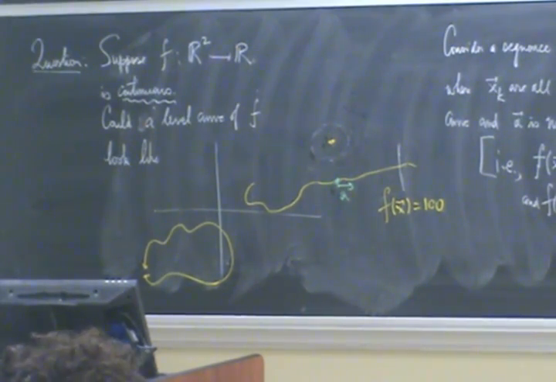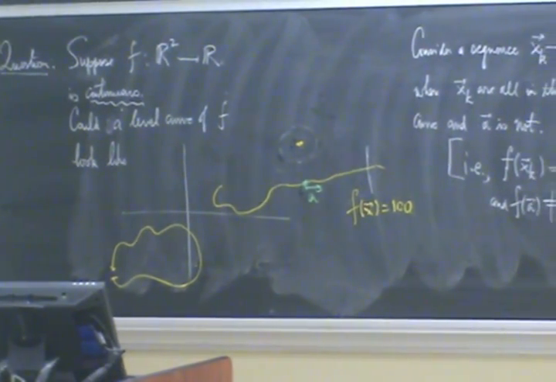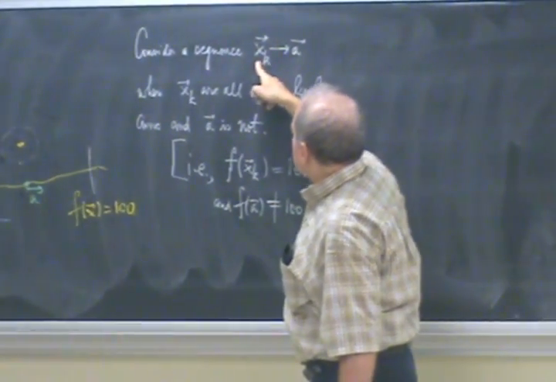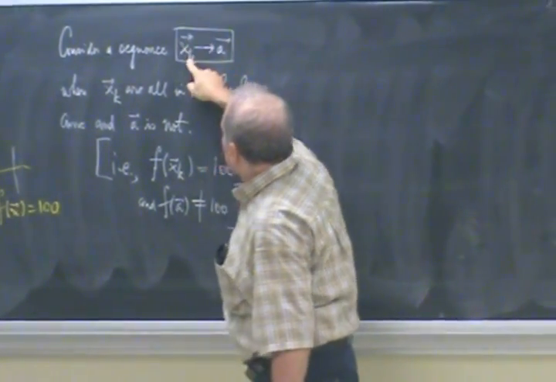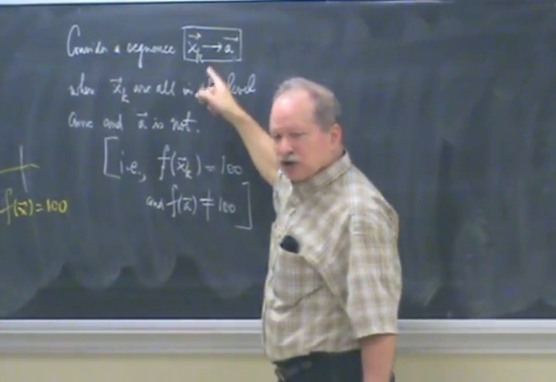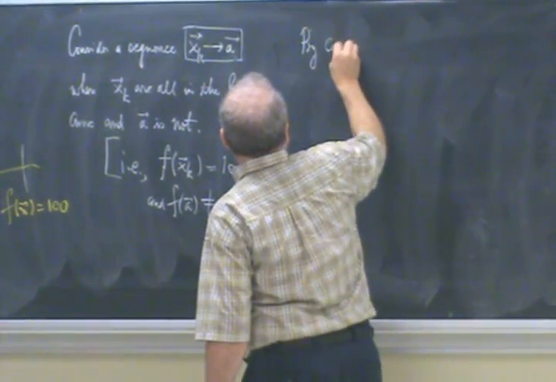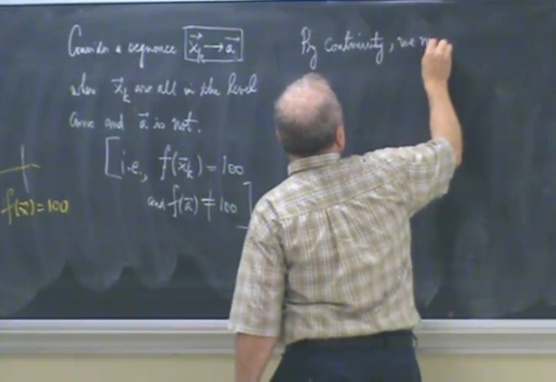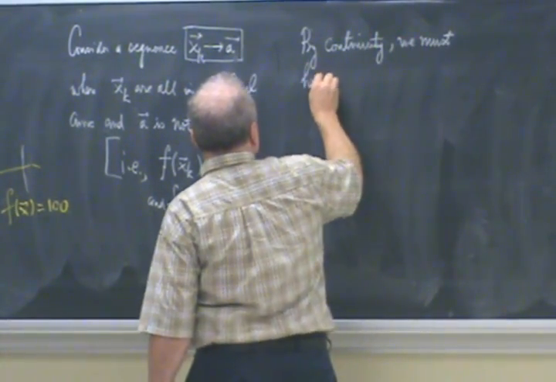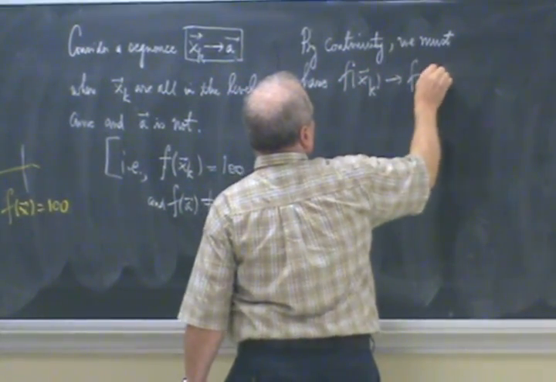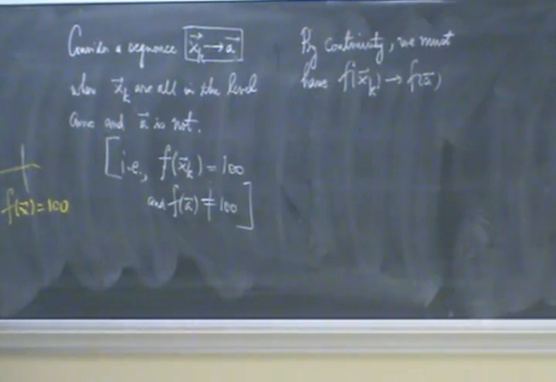We've got a problem here. By our proposition from yesterday, if f is continuous at A, and if you take any sequence of points converging to A, then f of x_k must converge to f of A. What are the f of x_k equal to? 100.